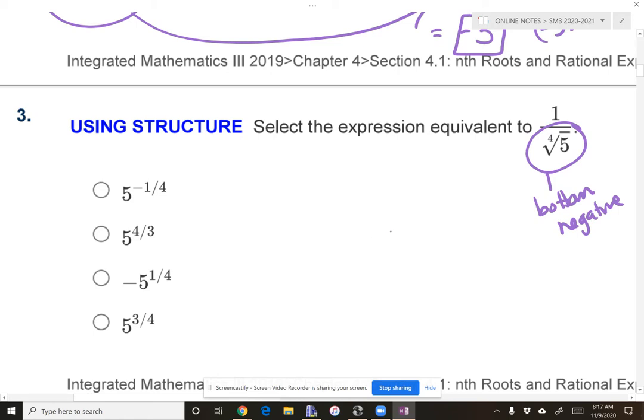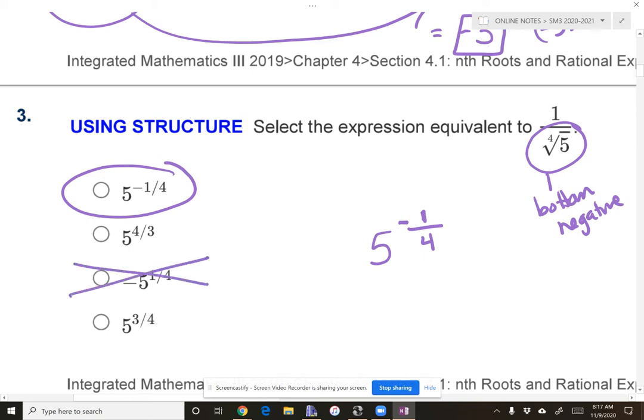So, we have 5 to the negative something. Remember, the power goes on top and the root goes on bottom. So, the power, 5 to the 1st power, and we're taking the 4th root. The negative is in the exponent, not in the base. So that's the best answer. Do not get it confused with that one. And then I don't know where the 3 is even coming from.